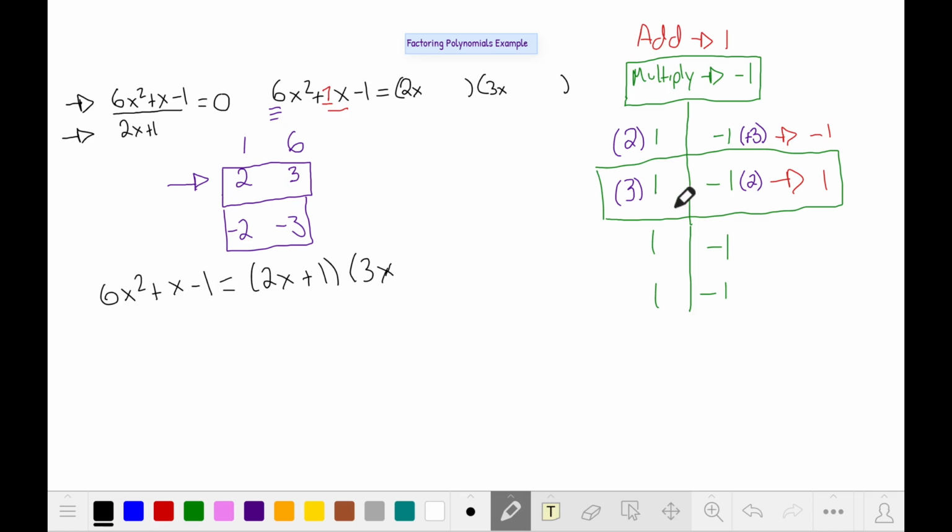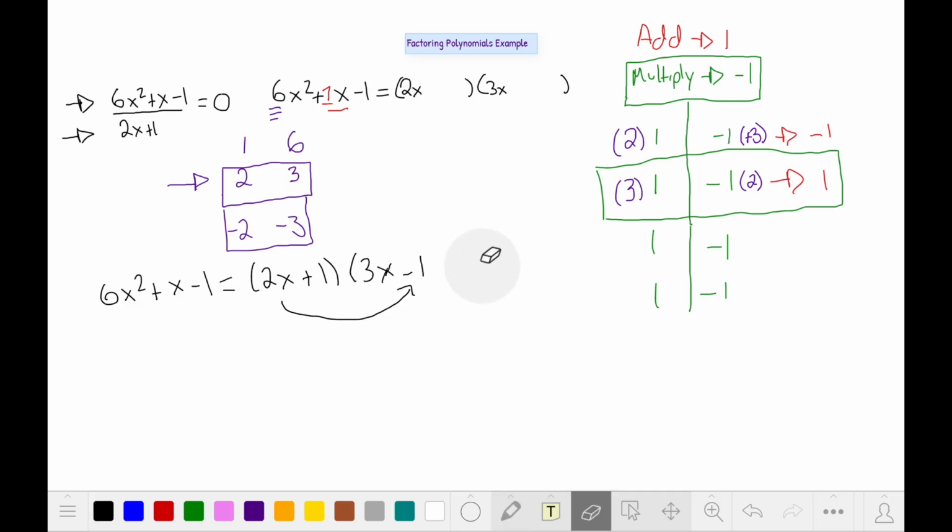All right, and now we see that the 2x is going to be multiplying the minus 1. So this is going to be a minus 1 that it's multiplying. So that's great. We've got ourselves two solutions, or we've got ourselves, not two solutions, we've got ourselves two factors. So we can make 6x squared plus x minus 1 look like 2x plus 1 times 3x minus 1.